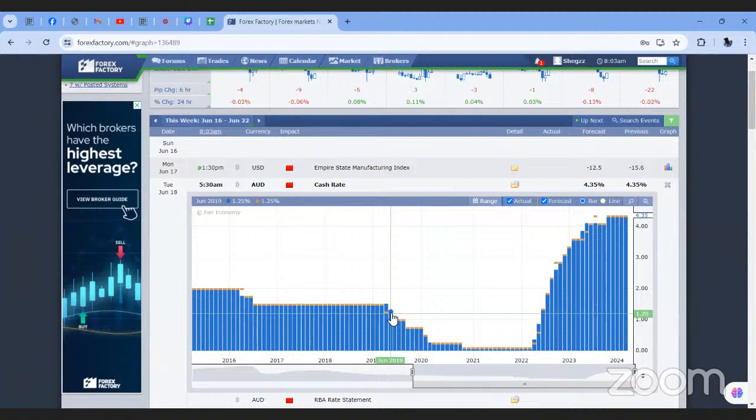This June, the rate might just drop, because in June 2019 it dropped. And in 2020, around June, it was constant. So we can never tell. So that's taking a risk, placing a trade before the news, which is okay.